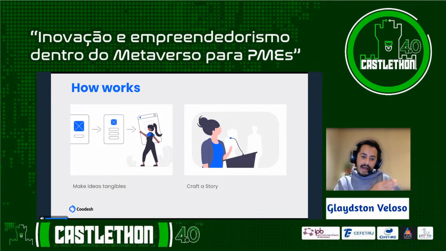The prototype takes the idea and puts it in a digital or physical world, and it's more tangible because the idea we have in our mind, the prototype is not. We have some tangible things that we can show and experience how they work.